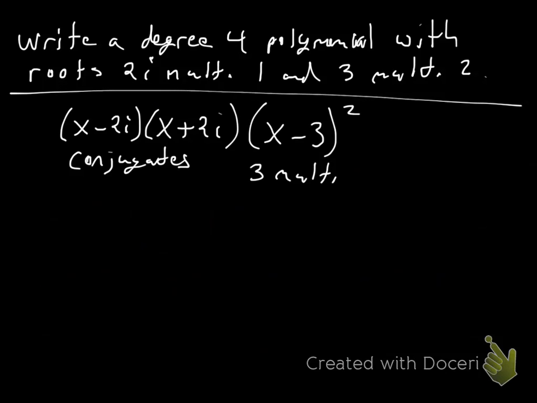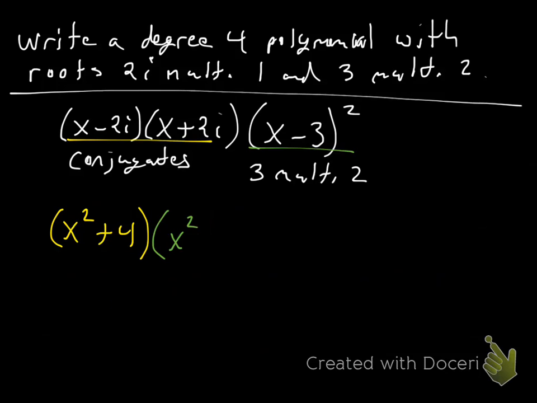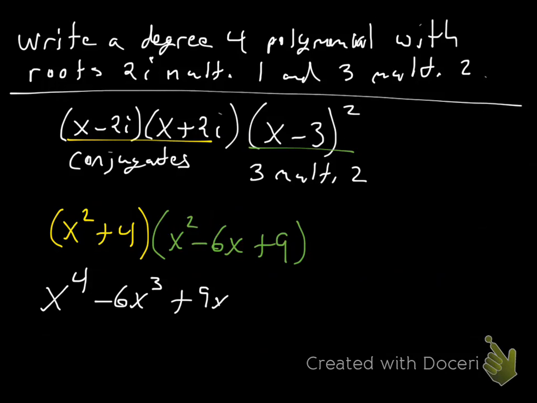Now it's a lot easier to multiply the conjugate pairs together. You can FOIL that on your own. I think I'm going to skip a step and say it's x squared plus 4. And then you can FOIL out x minus 3 times x minus 3, and you'll get x squared minus 6x plus 9. And then we'll go ahead and distribute: x squared times x squared, times minus 6x, x squared times 9.